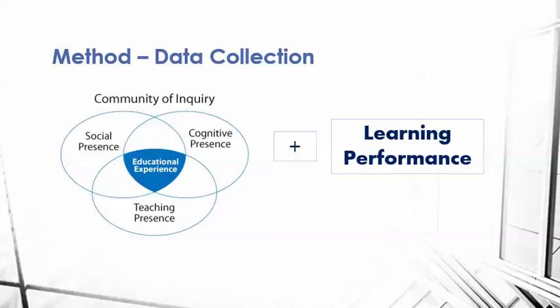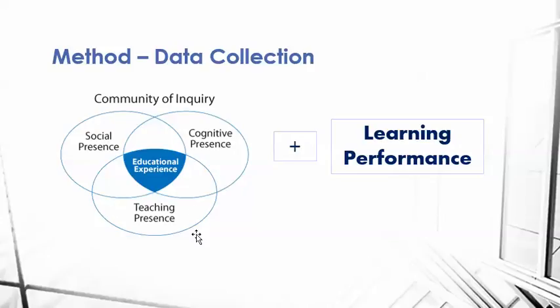And teaching presence refers to the extent to which a purposeful design is created to direct cognitive and social processes towards meaningful learning objectives. So, the extent to which the teacher can help promote social presence and cognitive presence and increase learning.